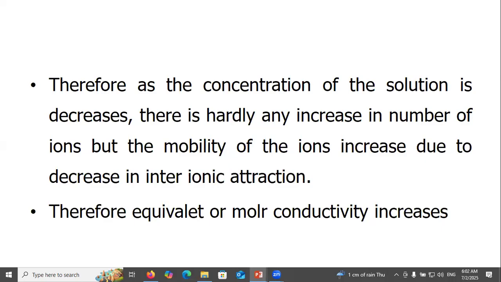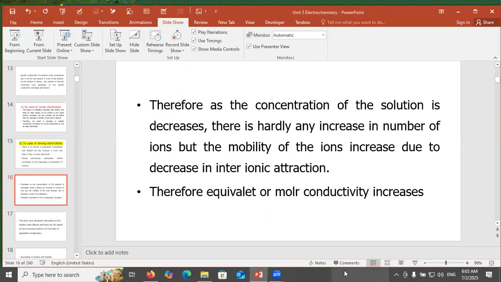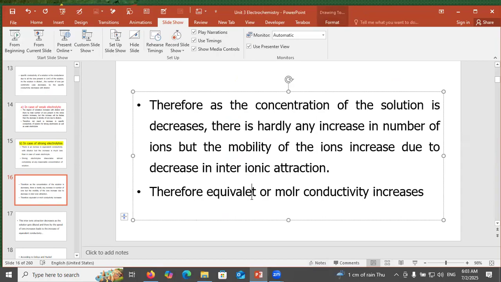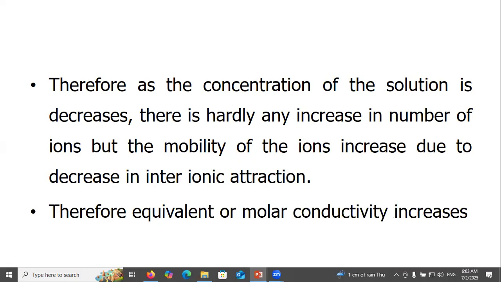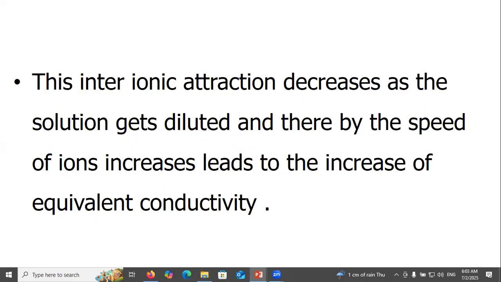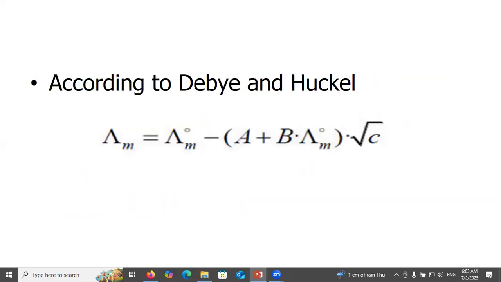Therefore, equivalent or molar conductivity increases. This interionic attraction decreases as the solution gets diluted, and thereby the speed of ions increases, which leads to the increase of equivalent conductivity.